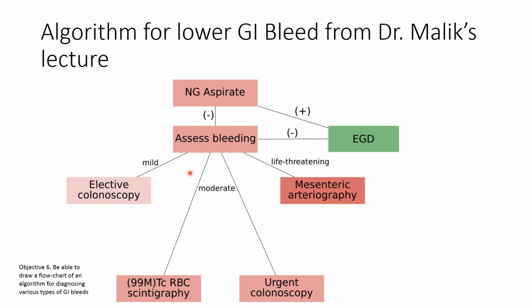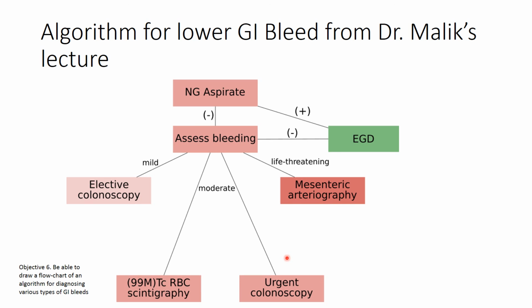For moderate bleeding that we don't want to send the patient home, we can do a tagged red blood cell scintigram, or we can do an urgent colonoscopy. And by urgent, it still is not emergent, because it still takes time to clean out those bowels, and we will aggressively enemize the patient and give them purgatives and laxatives and try to clean out that bowel.